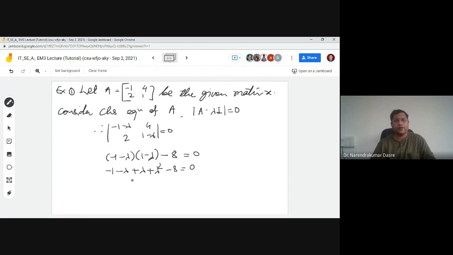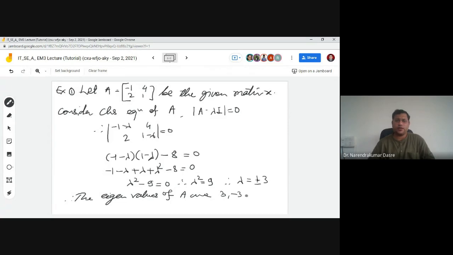So we can get here, this is lambda square minus 9 is equal to 0. So lambda square is equal to 9, and hence lambda is equal to plus or minus 3. How much time it took to solve this problem? So we got the eigenvalues of A are 3 and minus 3.